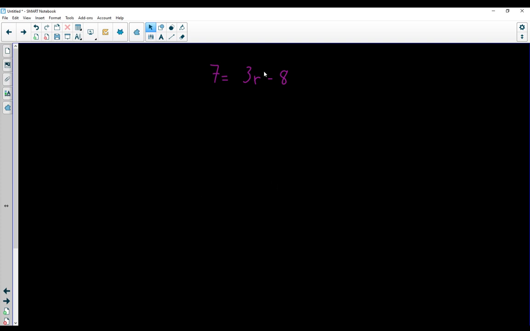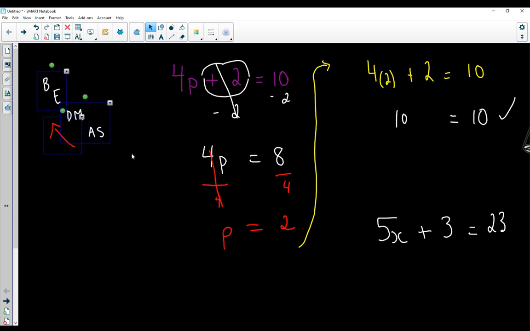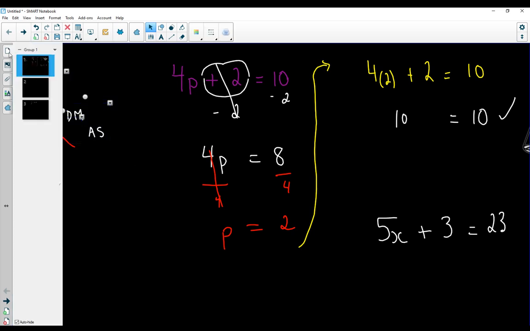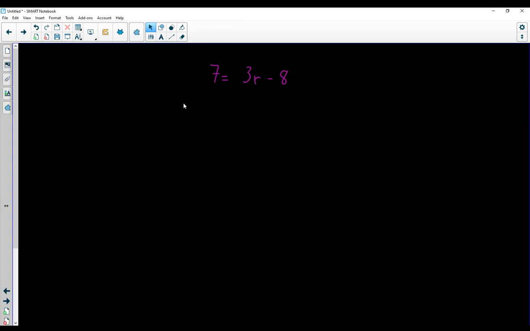So we're going to work with this, and again, we're still just doing the opposite operations. Now I'm going to go back here and get my BEDMAS rules, just so we remember that in this case we are going opposite to the BEDMAS rules. Again, why? Because we're doing opposite operations.